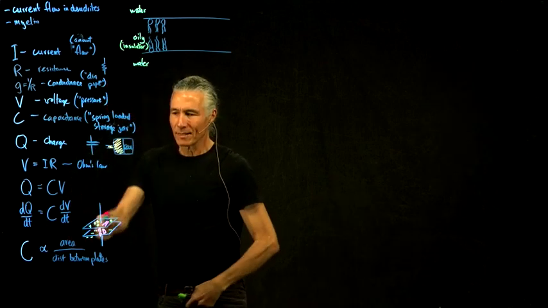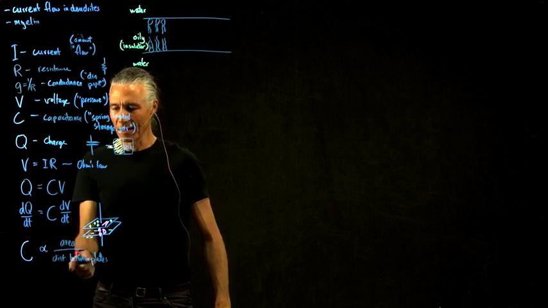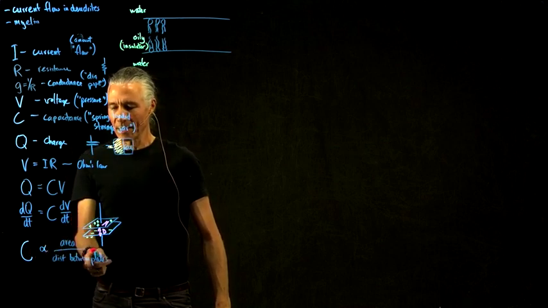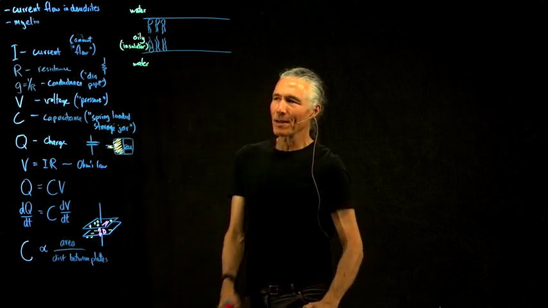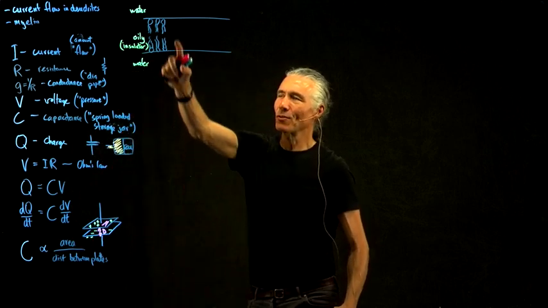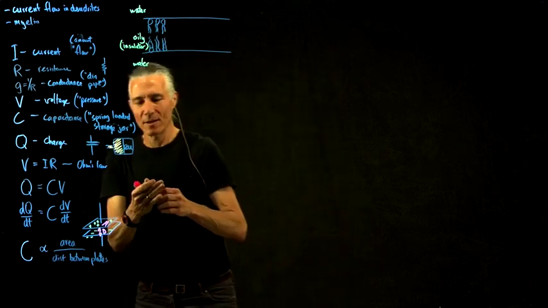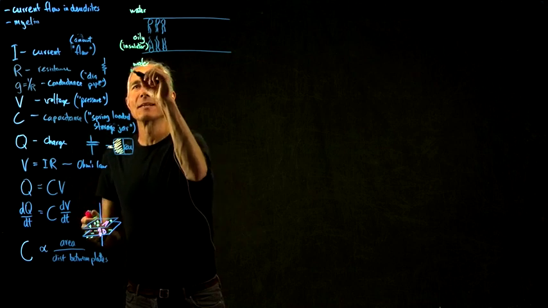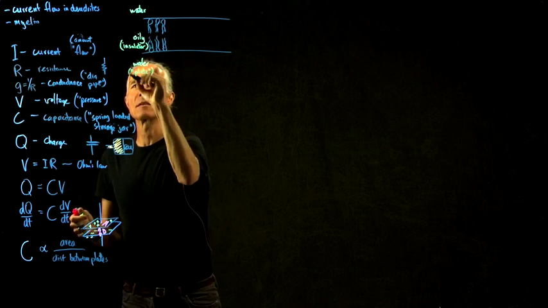So if we look at this equation down here, the capacitance is proportional to the area over the distance between the plates. Well, it's hard to make any thinner plates. These are like the thinnest possible plates. So the water here serves as the plate of the capacitor. It's got charges in it.